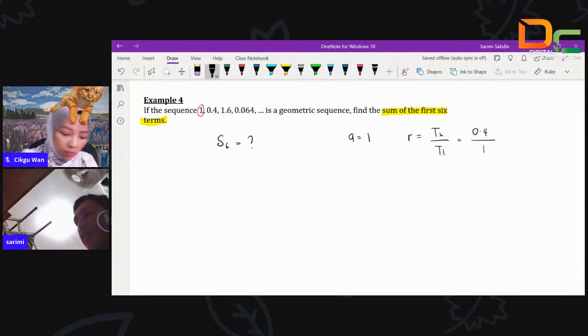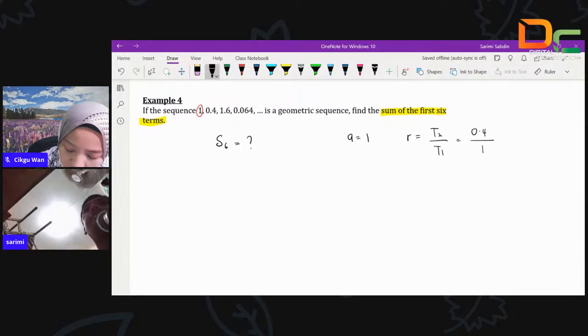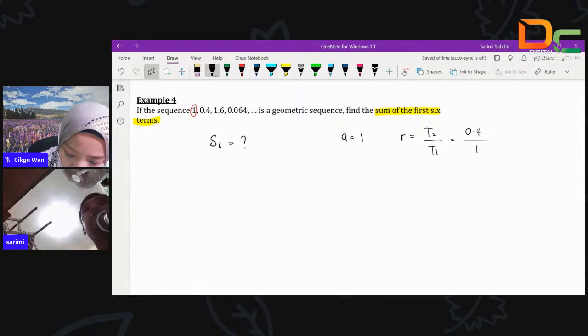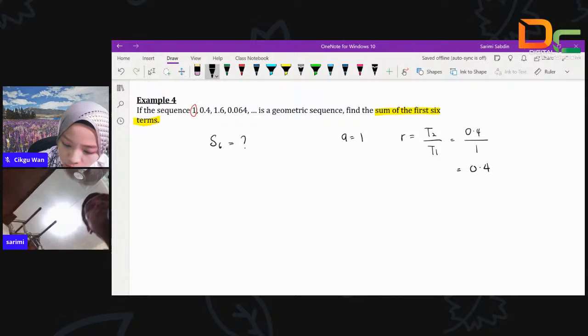So R is 0.4. Okay, so we already have the value of A and R.